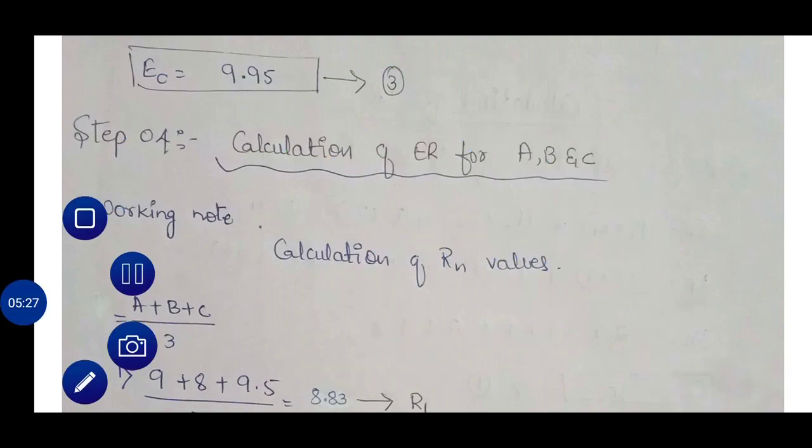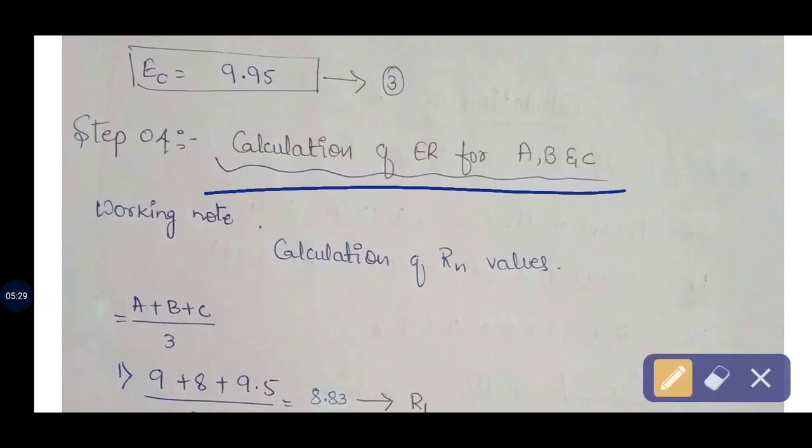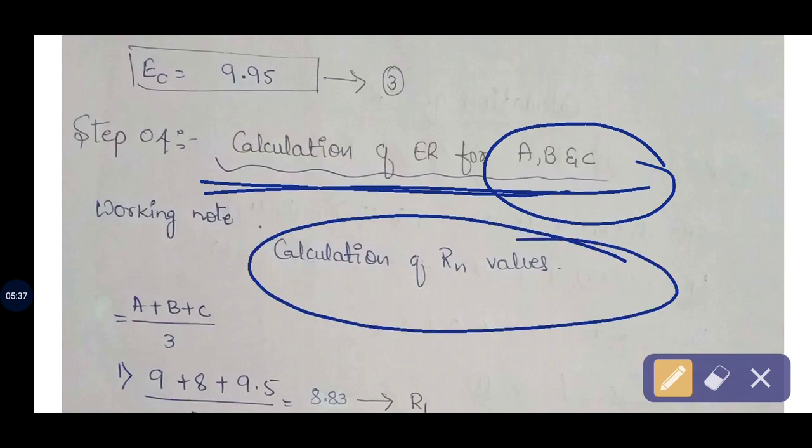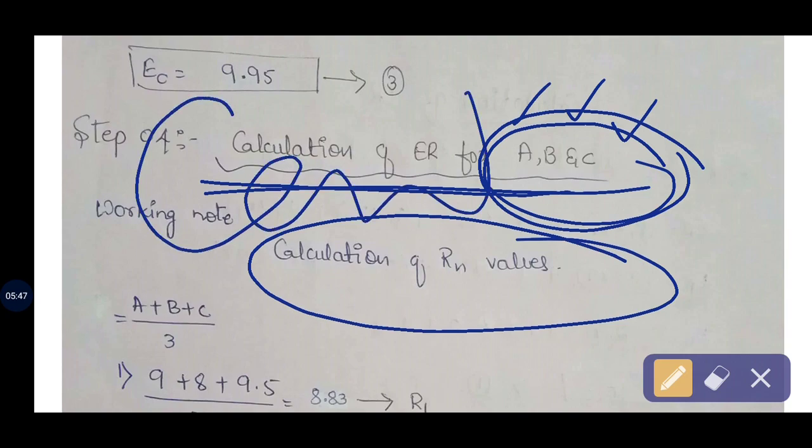As you know, for calculating the expected return for the combined security in the case of diversification, we have to calculate the values of R, because there are individual returns for all these three securities. So we have to find one central value for the returns.